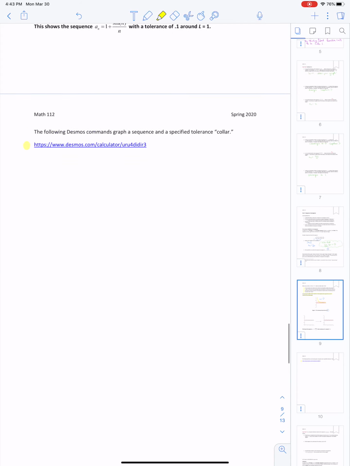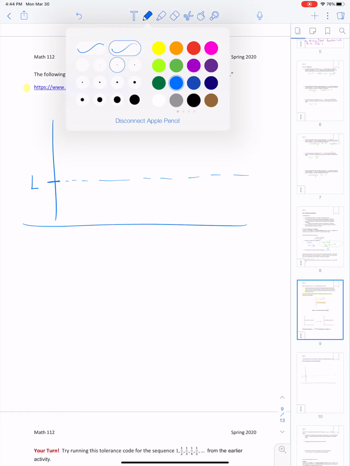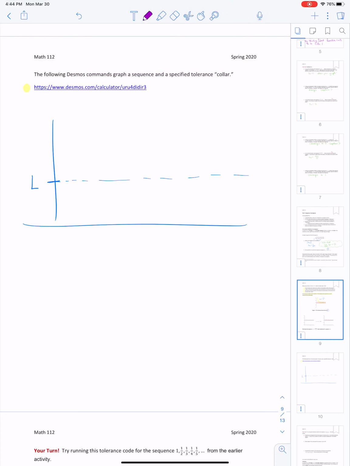Right. So pictorially, let me go ahead and just draw a picture here. If you have some limit L, let me just go ahead and draw that in, then we can make our collar up and down here.